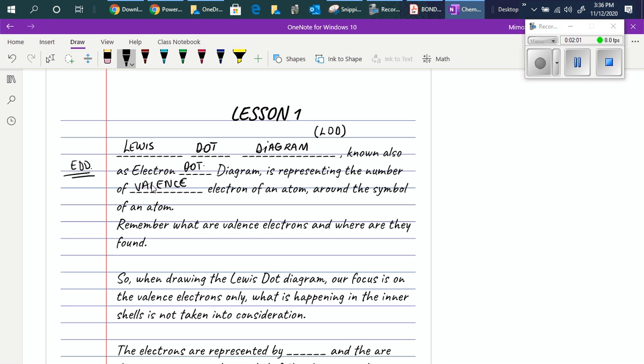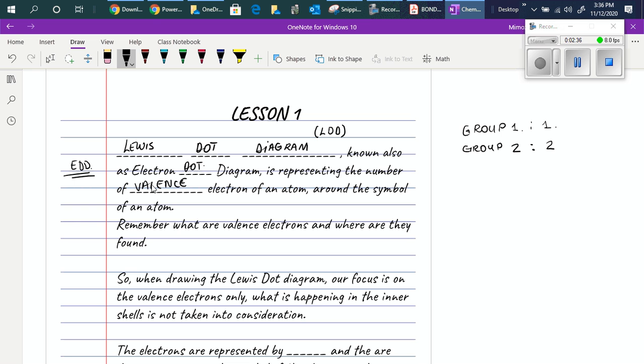So when we are having elements of group 1, and here I'm talking elements like lithium, sodium, potassium, and so on, the valence electron is 1. And when we see group 2, which are elements like beryllium, magnesium, calcium, strontium, barium, and so on, the valence electron is 2, and so on.